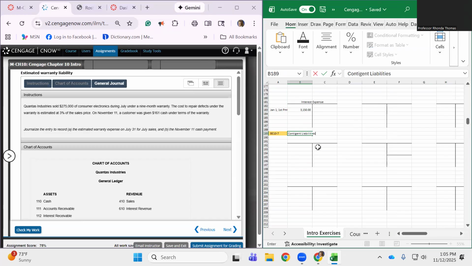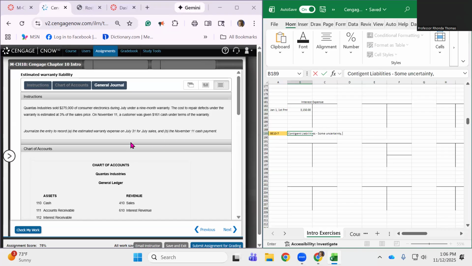Okay, there is some uncertainty that we'll have to pay them. But accounting would like for you to set aside money for something that you think you're going to have to pay for so that it's not a surprise.